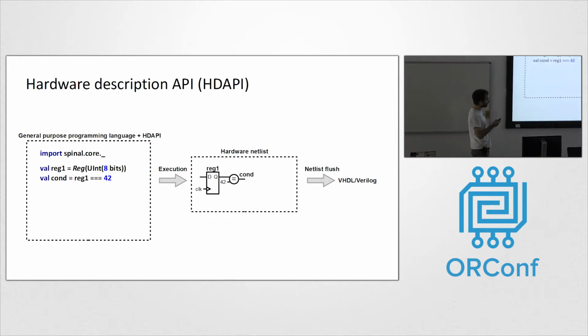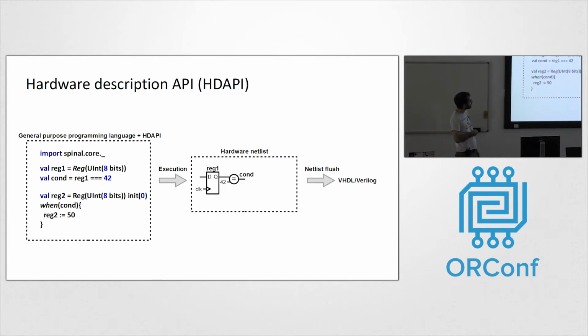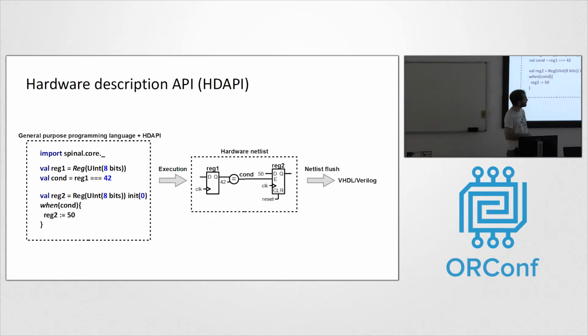Another simple example is, you want a reg2, which is also 8 bits. You say you want to initialize it to 0 when a reset occurs. And then when cond is true, reg2 is assigned the value 50, and it will add the corresponding logic inside the netlist.